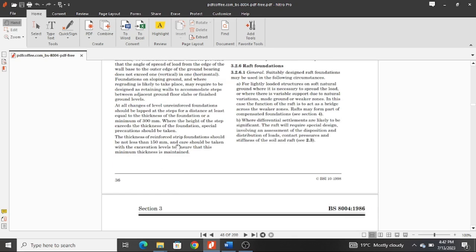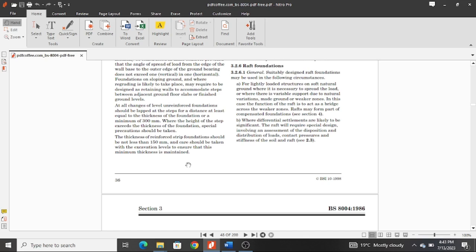Also, I would like to note this: the thickness of reinforced strip foundations should not be less than 150 millimeters. Therefore, if you're planning to reinforce your strip, you have to do a depth of greater than 150, and care should be taken with the excavation levels in order to ensure that this minimum thickness is achieved.